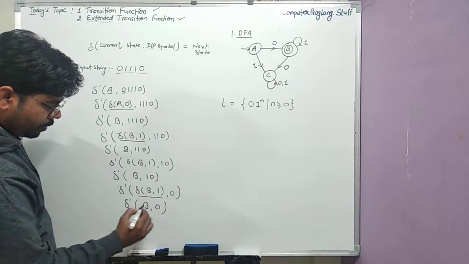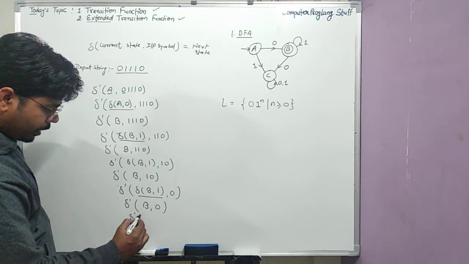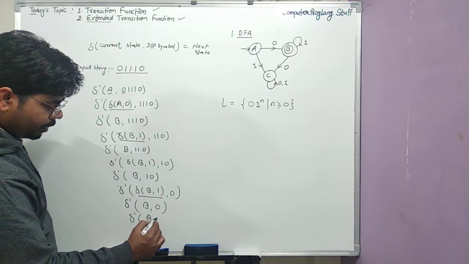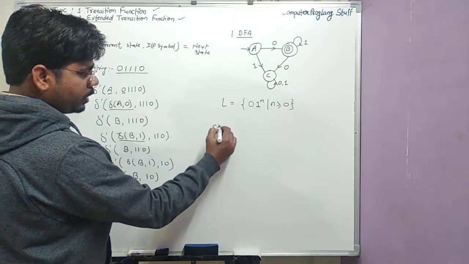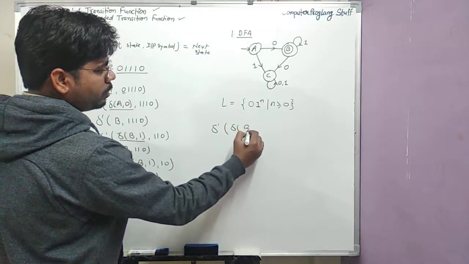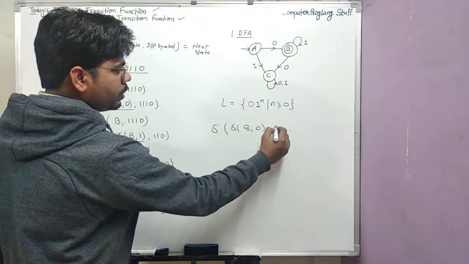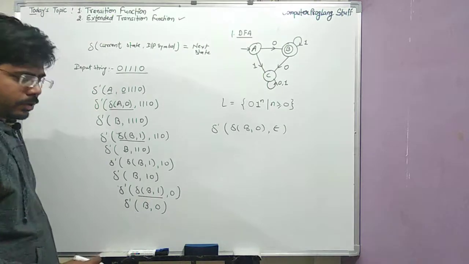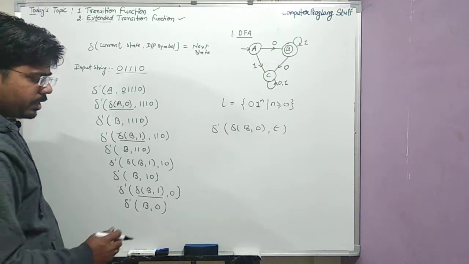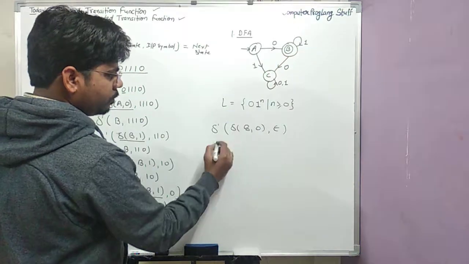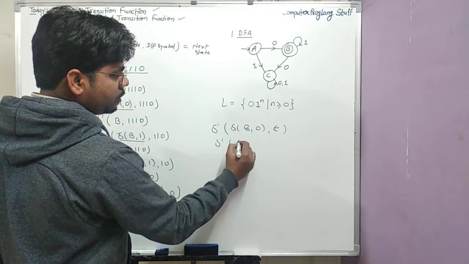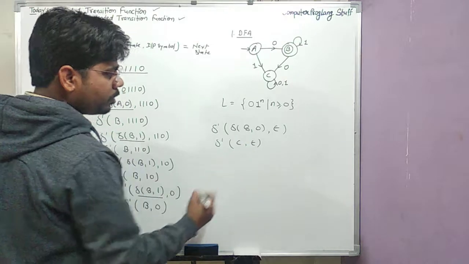Delta dash of B with 0, here you have epsilon, because no part of the string is left. From B on 0 you will get C, and here is epsilon.